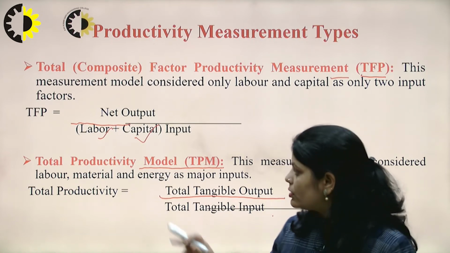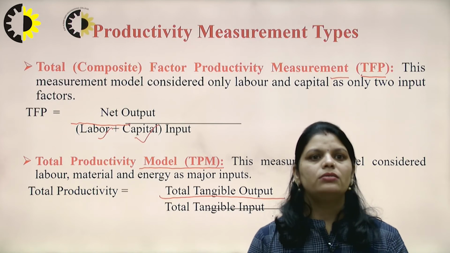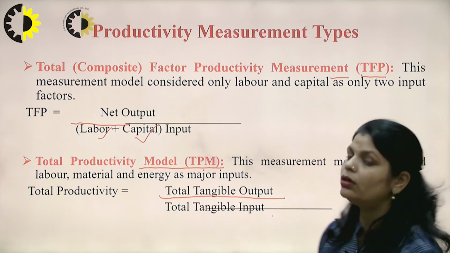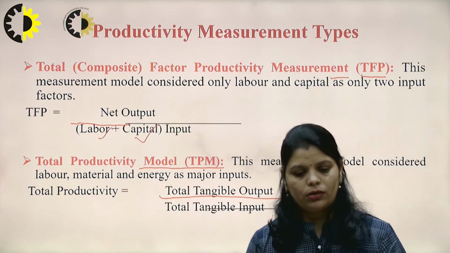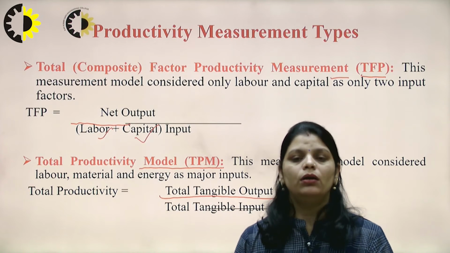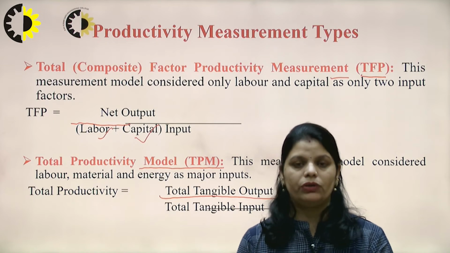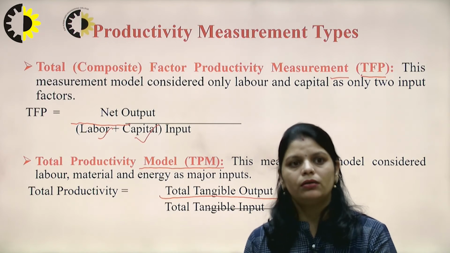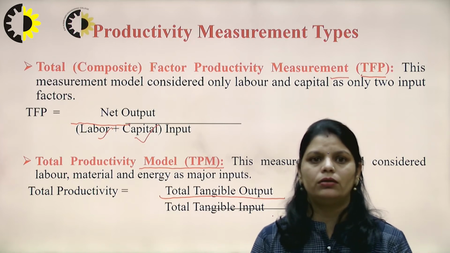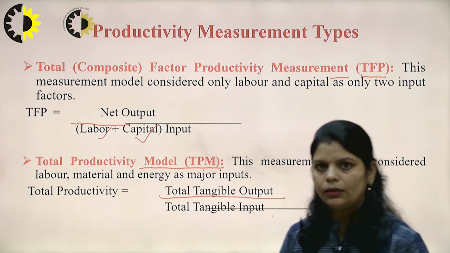If we discuss the disadvantages, then data is difficult to compute, because here more inputs are involved. So it will be difficult to compute. It will be a time-consuming task, and it does not consider the intangible factors of input and output. Clear?